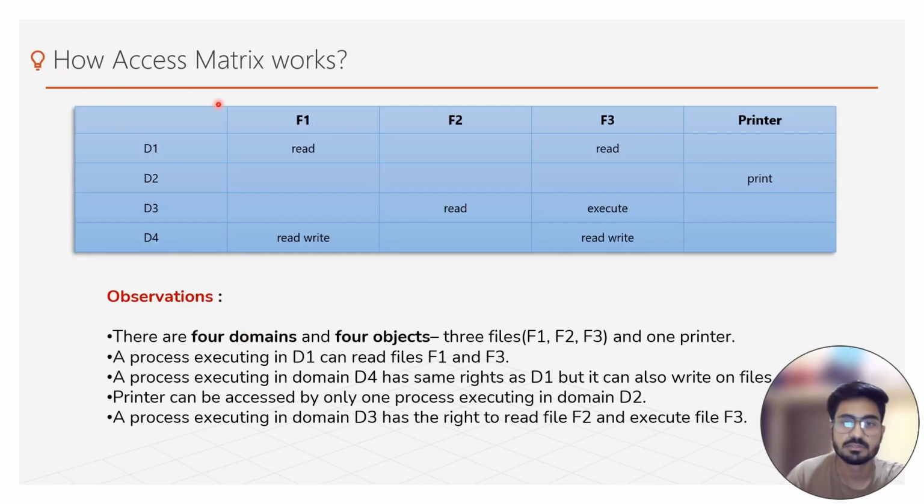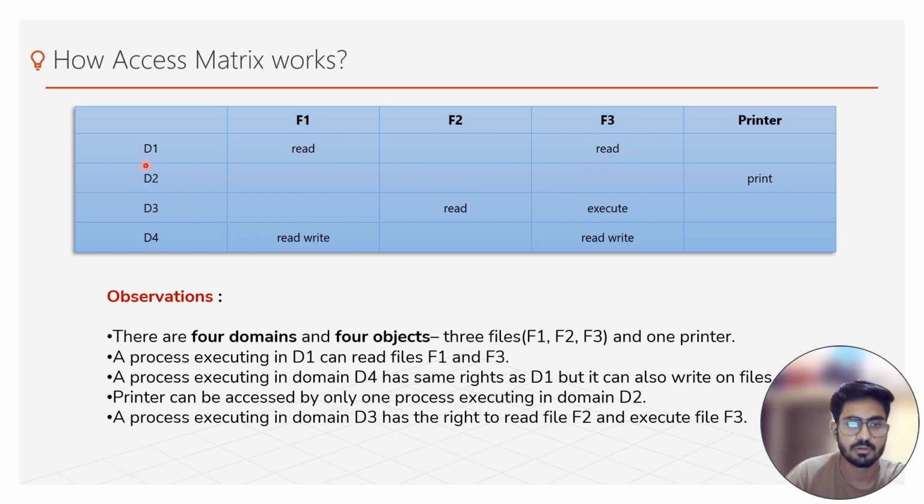How does the access matrix work? As you can see in the table, as I previously mentioned, these are domains and these are objects. Suppose a process is executing in D1, and it can read the objects F1 and F3 also.